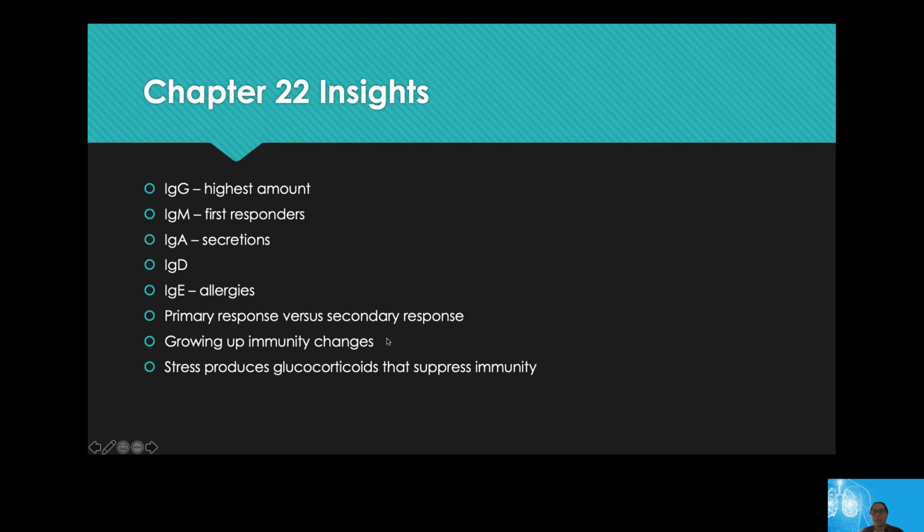We'll discuss the 5 different types of antibodies, the difference between a primary response versus a secondary response, the changes over a lifetime that occur with your immunity, and the impact of things like stress and aging on immunity.